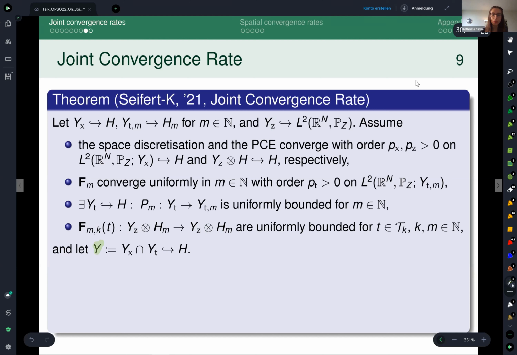And for notation, we denote by Y the intersection of the spaces Yx and Yt equipped with the maximum norm, and assume they also embed continuously into H.